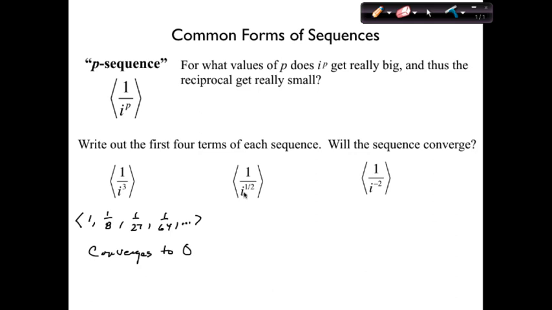All right, 1 over I to the 1/2. What's 1/2 power? Square root, right? So this would be 1, then 1 over radical 2, 1 over radical 3, 1/2, 1 over radical 5. What about this? What does the square root function look like? Does it ever flatten out, or do the values just keep getting larger and larger, infinitely large?